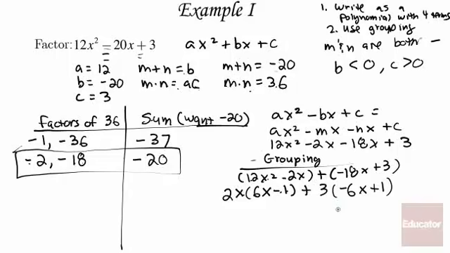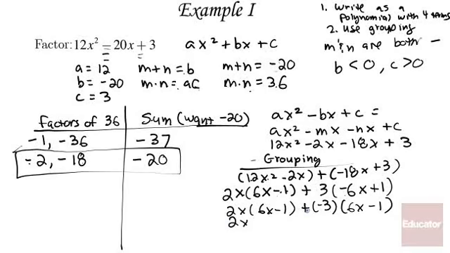Now, the next thing I want to do is pull out a common binomial. And I don't quite have that. This is one of those cases where I have 6x minus 1 and I have negative 6x plus 1, so I don't quite have it. However, I would have it if I factored a negative 1 out of this second term. So I'm going to go ahead and rewrite this, factoring out a negative 1.